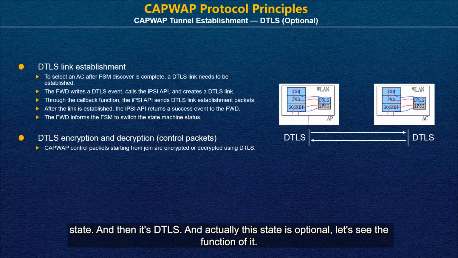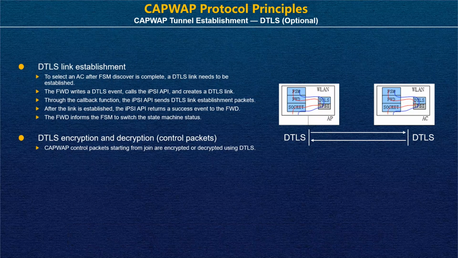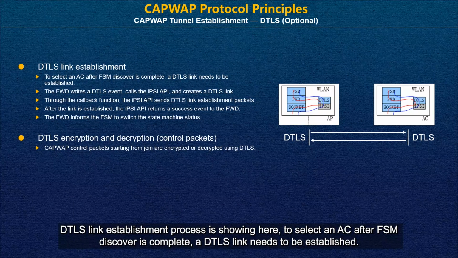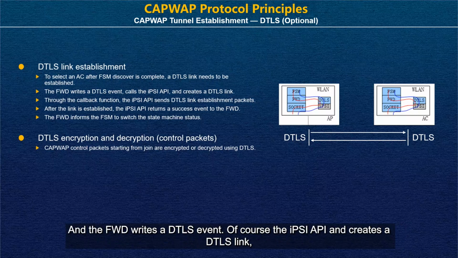And then it's DTLS. And actually, this state is optional. Let's see the function of it. The DTLS link establishment process is shown here. To select an AC, once FSM discover is complete, a DTLS link needs to be established. The FWD writes a DTLS event called the IPSI API and creates a DTLS link.